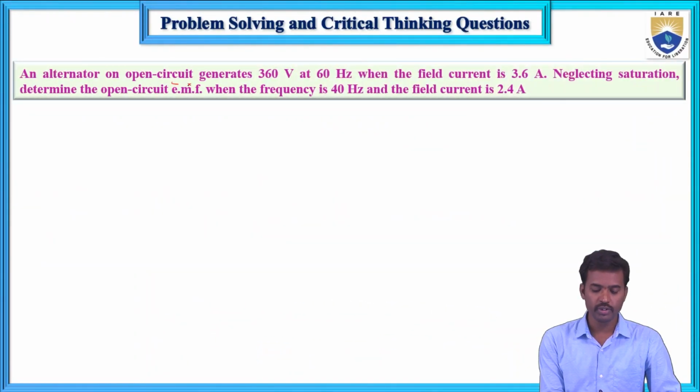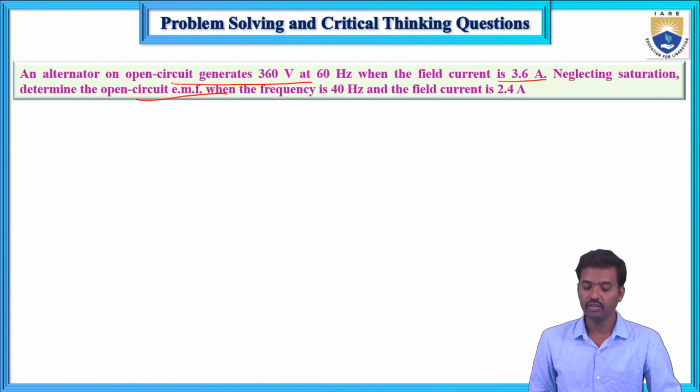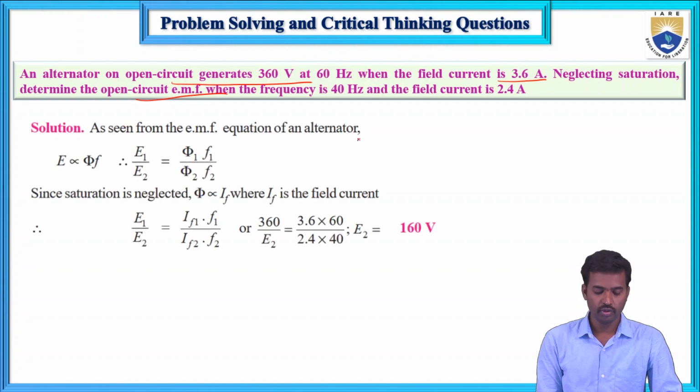An alternator has an open circuit voltage of 360 volts at 60 Hz when the field current is 36 amperes. Neglecting saturation, determine the open circuit EMF when the frequency is 40 Hz and the field current is 24 amperes.